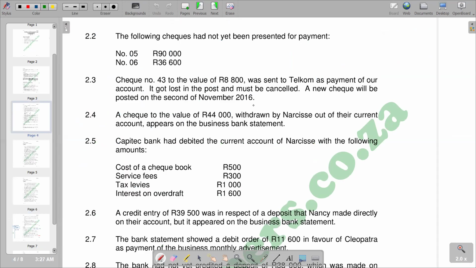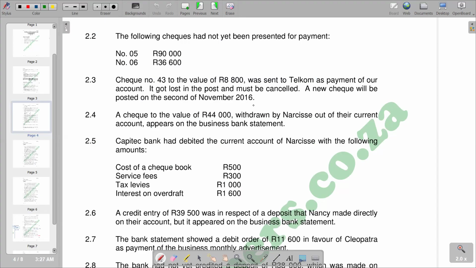We see that this was a check that was issued, and whenever we issue a check, we record it in the cash book on the credit side of the cash book. So it means that this check is already appearing on the credit side of the cash book. By canceling it, we have to enter on the debit side the same amount to cancel it. So 8,800 should go to the debit side of the cash book.